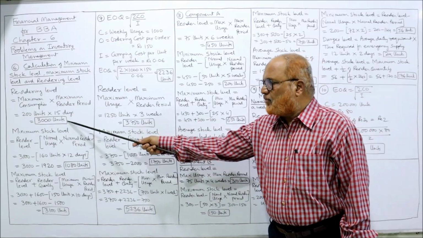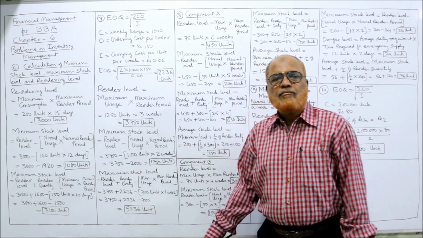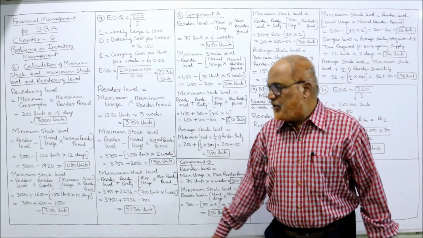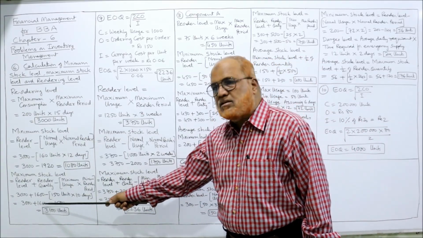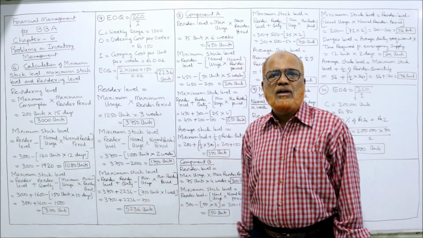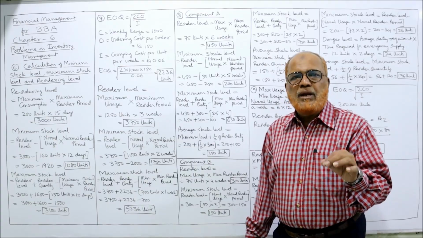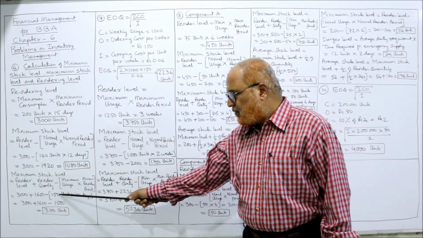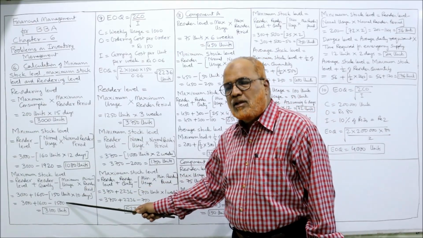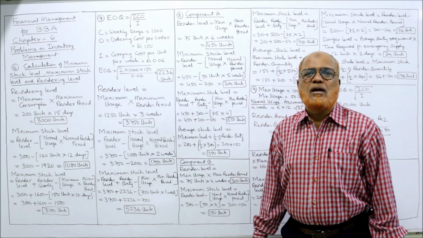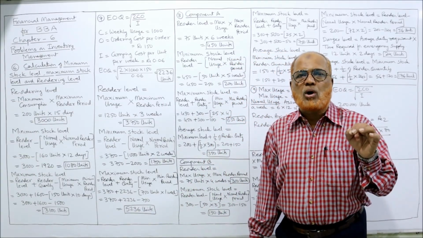Reorder level is 3000, reorder quantity given in the problem is 1600, minimum usage is 150 units per day, and minimum reorder period is 10 days. So 150 into 10 is 1500. 3000 plus 1600 minus 1500, 3100 units is the maximum stock level.